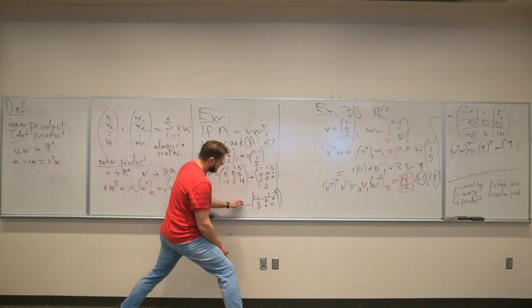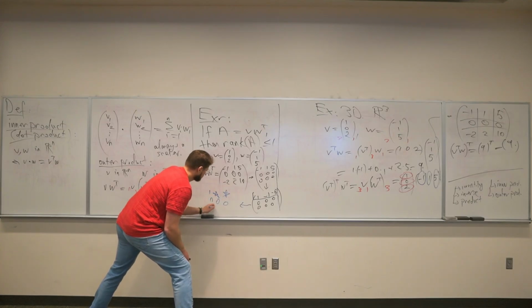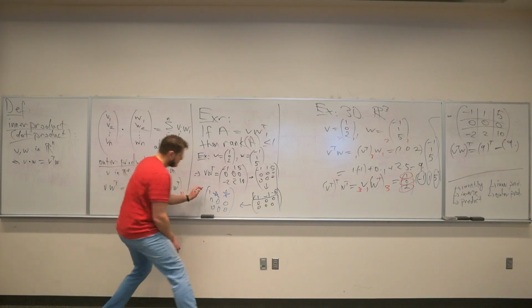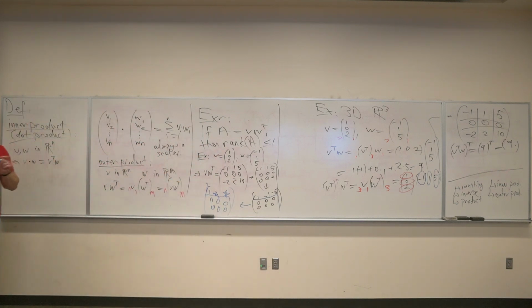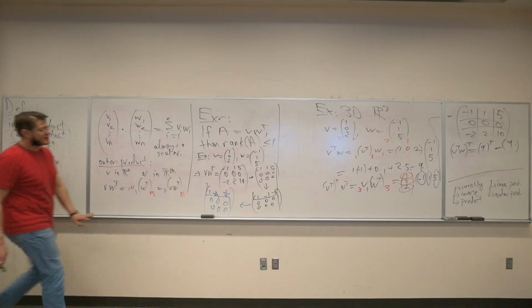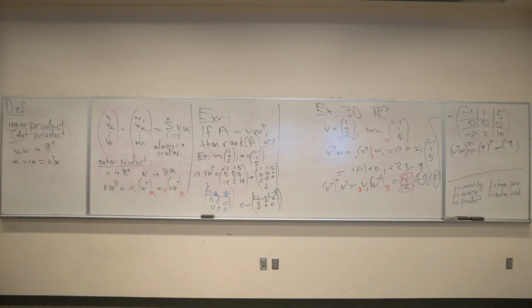So this is of the form 1, star, star, and all zeros otherwise. We have 1 pivot, our rank is 1. This is true no matter which two vectors you take. Once you take the outer product of two things, it's going to have rank at most 1.